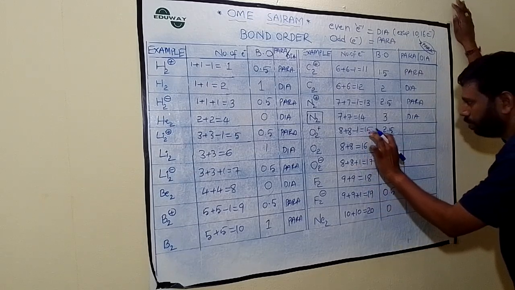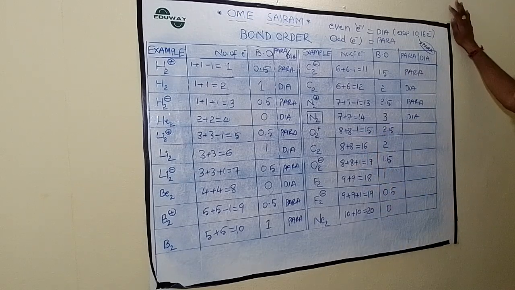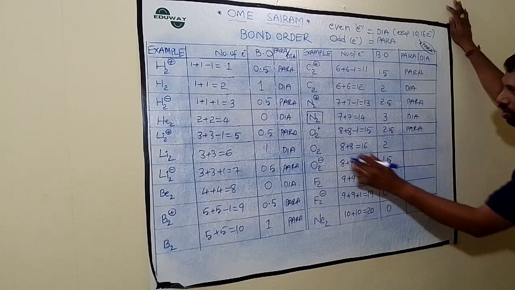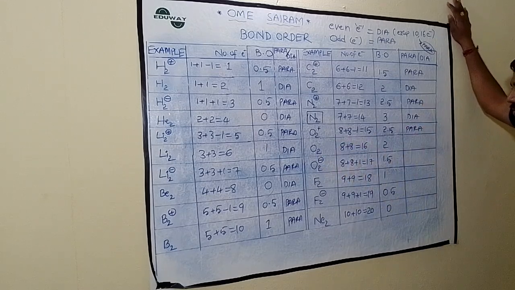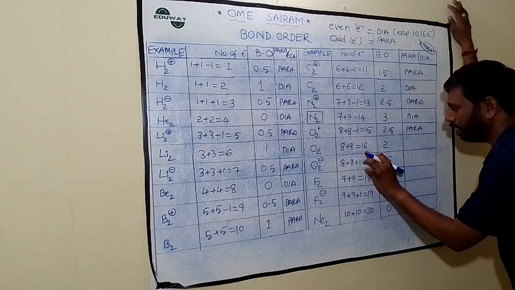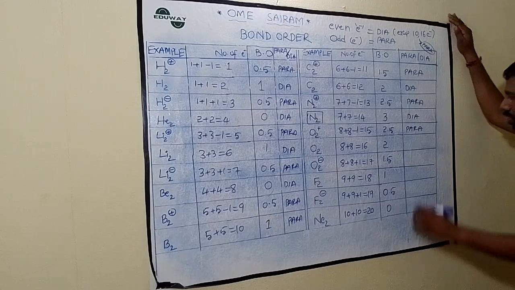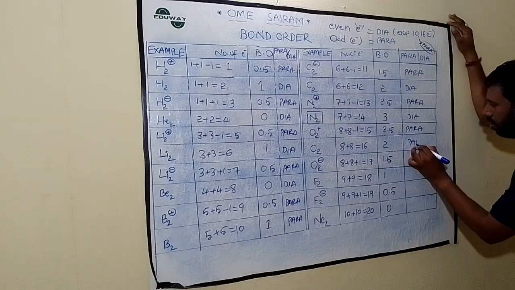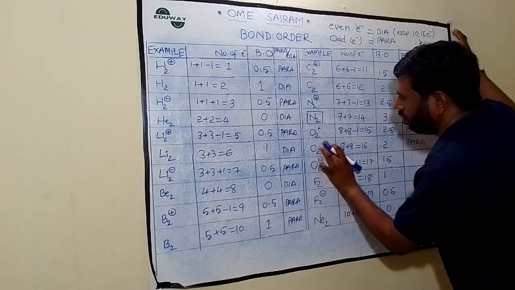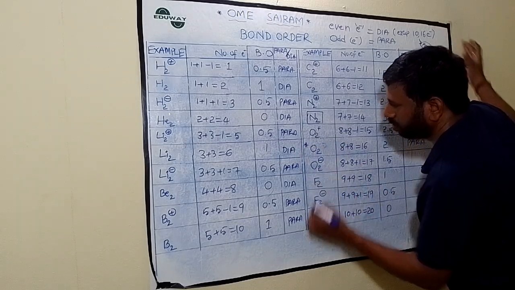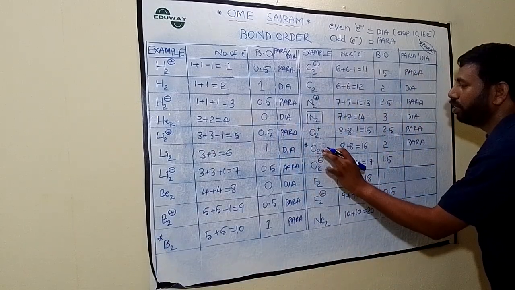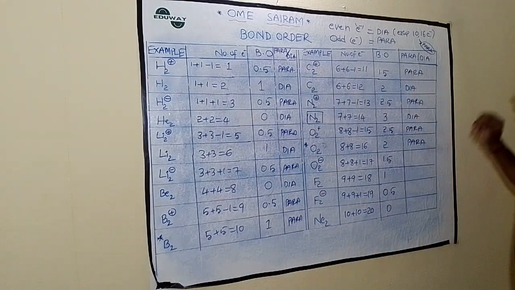O2 positive contains 15 electrons, it is the odd number of electrons, it shows paramagnetic. O2 contains 16 electrons, it is even number. Even though it is even number, it does not show diamagnetic, it only shows paramagnetic. So due to presence of unpaired electrons, it shows paramagnetic.